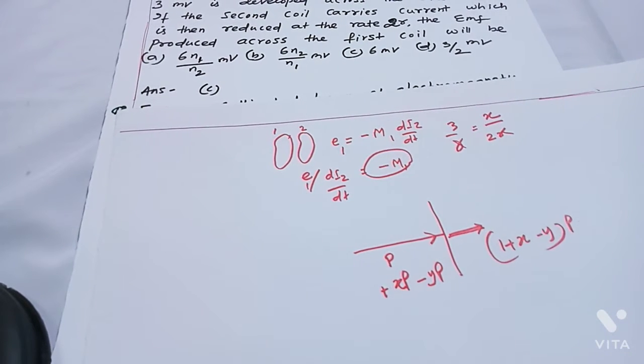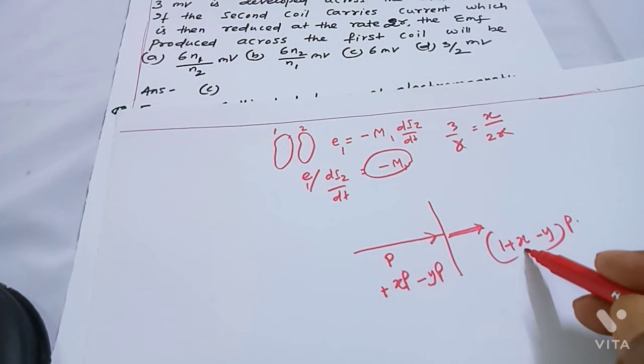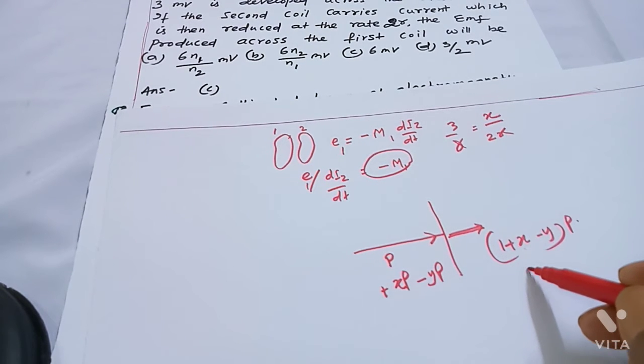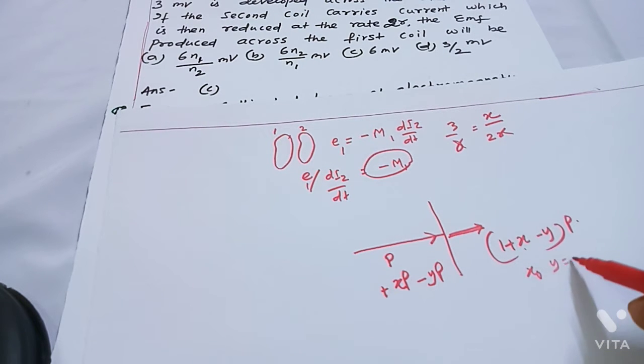Supposing the energy is incident without any reflection, or without transmission, X is equal to 0 and Y equal to 0.